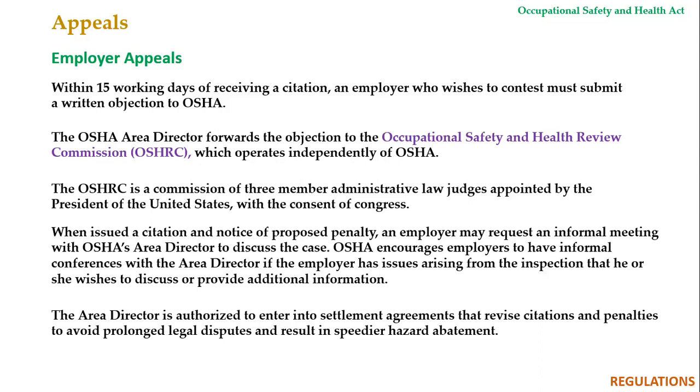OSHA encourages employers to have an informal conference with the area director if the employer has issues arising from the inspection that he or she wishes to discuss or provide additional information. The area director is authorized to enter into a settlement agreement that revises citations and penalties to avoid prolonged legal disputes and results in speedier hazard abatement.